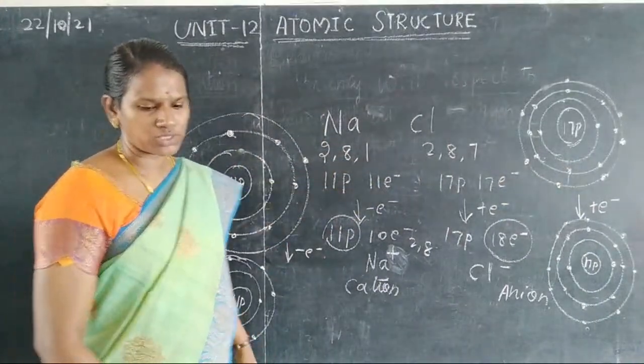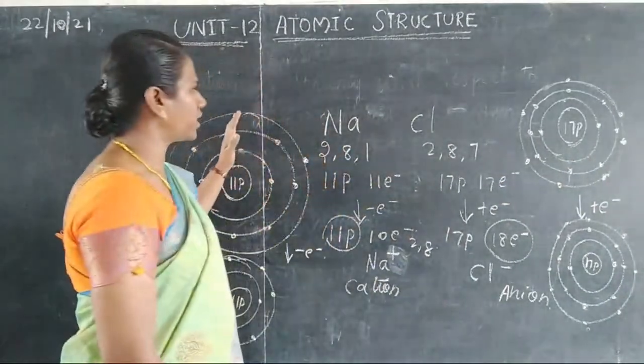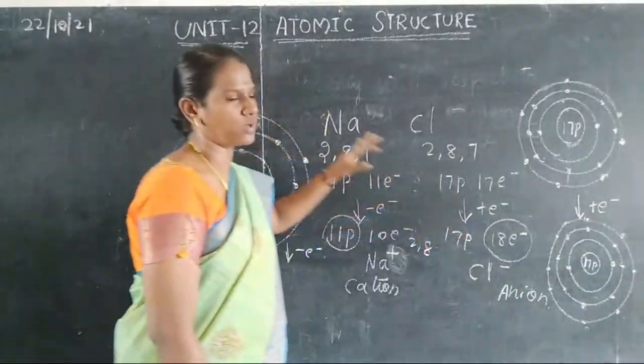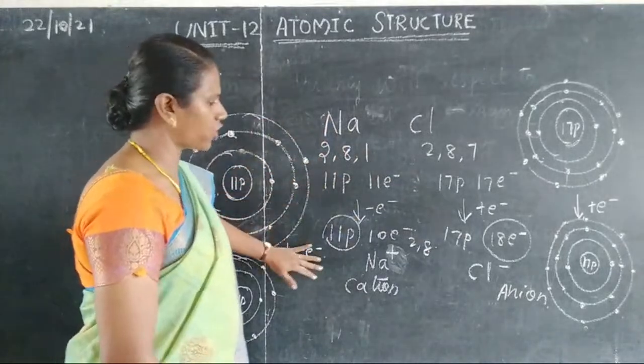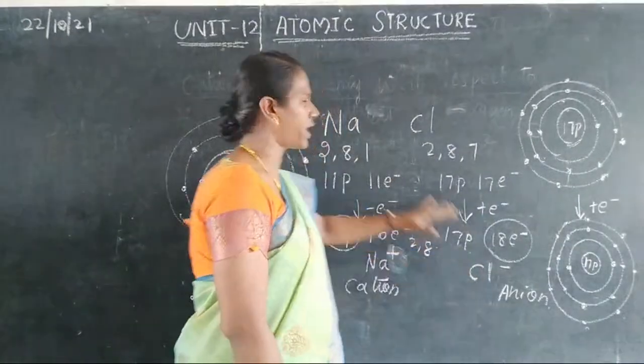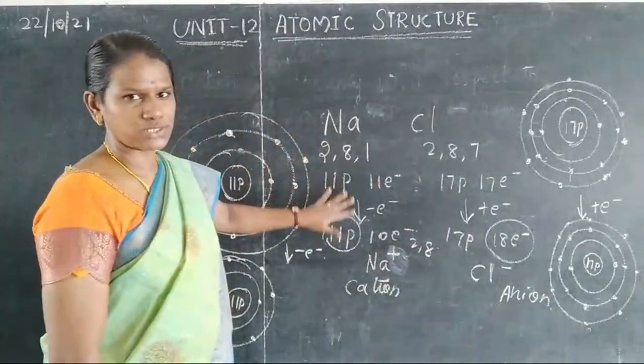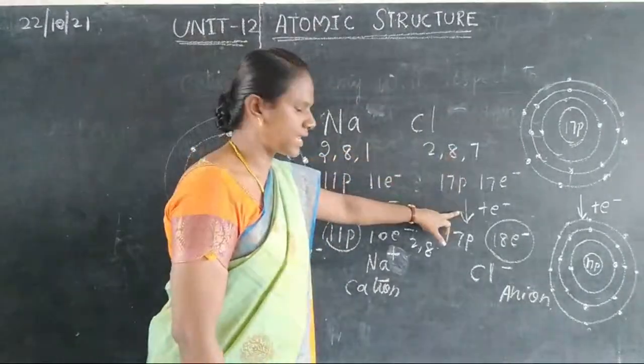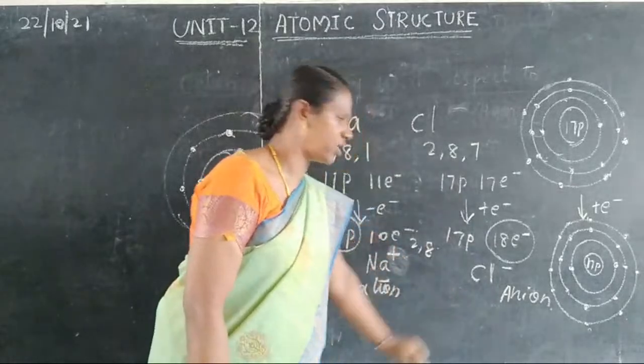In this way they form ions. So what are the types of ions? Cation and anion. If an atom loses its electron, it becomes a cation. If an atom gains an electron, it forms an anion.